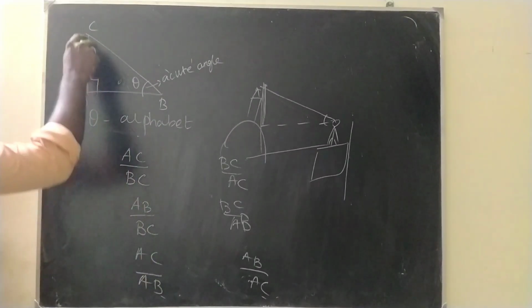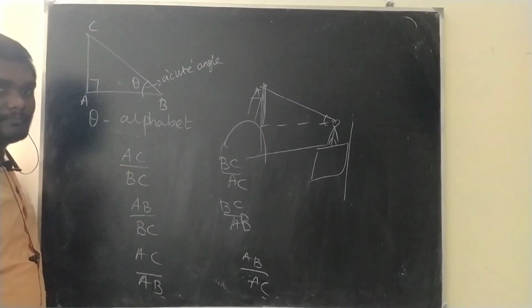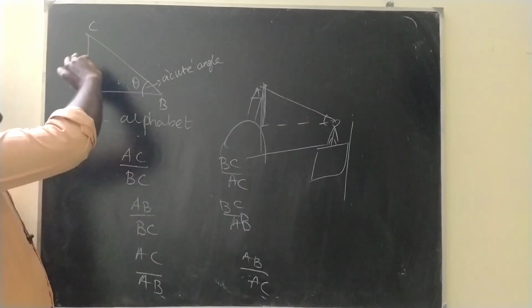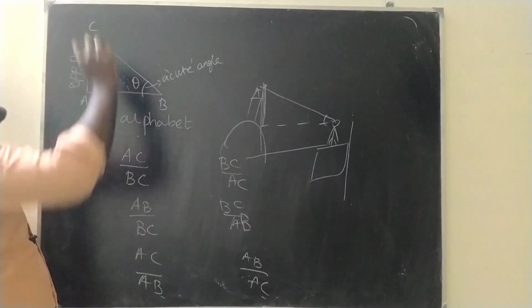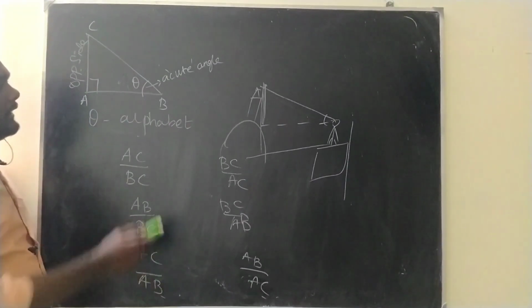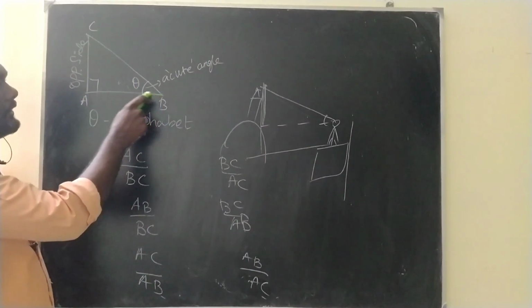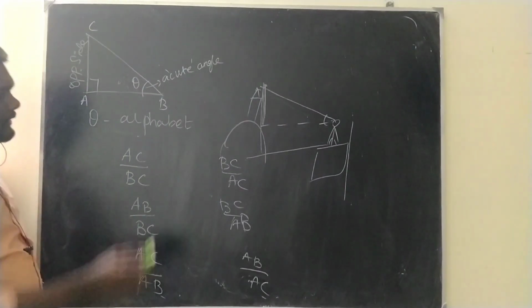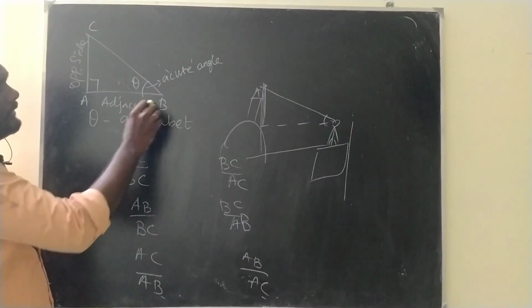Look at this guy AC. He is straight opposite to theta. So he is called the opposite side. Okay. And this guy AB is adjacent to theta. So this side is called the adjacent side.